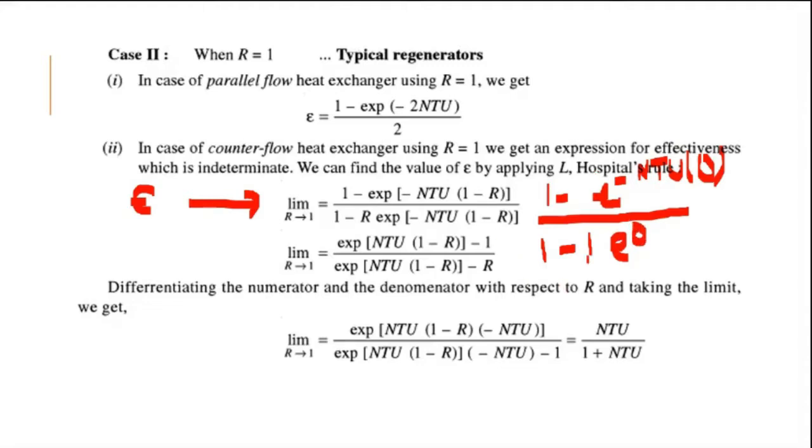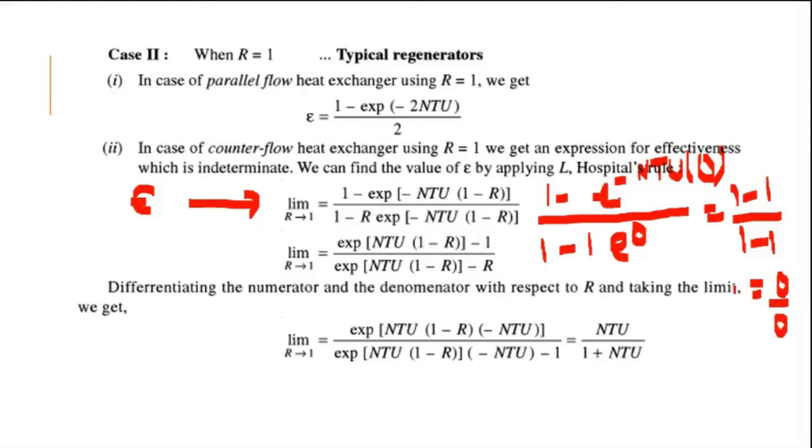Now, e to the power 0 is equal to what? 1. So this becomes 1 minus 1 divided by 1 minus 1, which is 0 by 0.